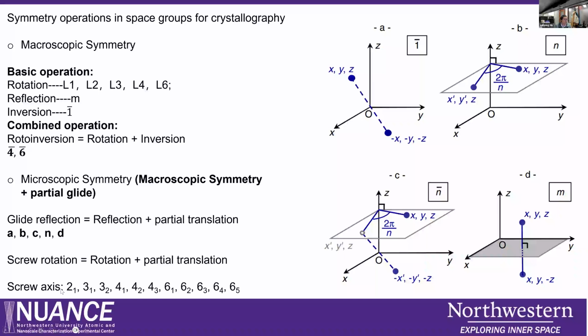For example, the screw axis 2, 1 means you rotate 180 degrees, then add a 0.5 C translation. And 3, 1 means you rotate 120 degrees, and then translate by 0.333, a partial translation. And 4, 1 means you rotate 90 degrees, then add a 0.25 partial translation. I will show you later.